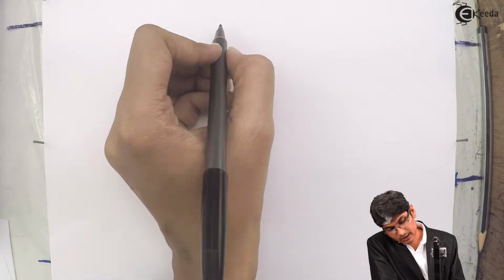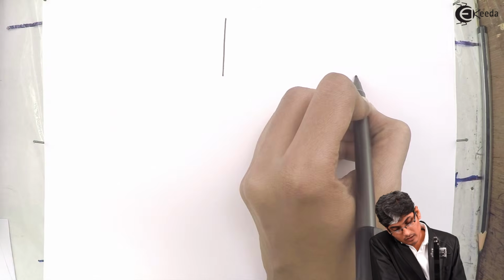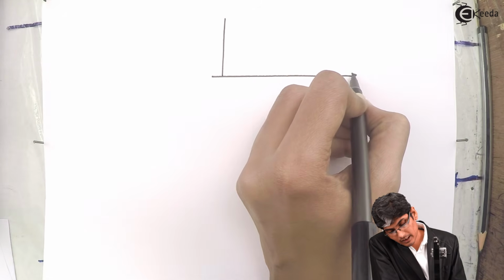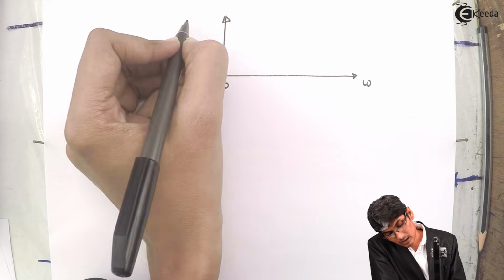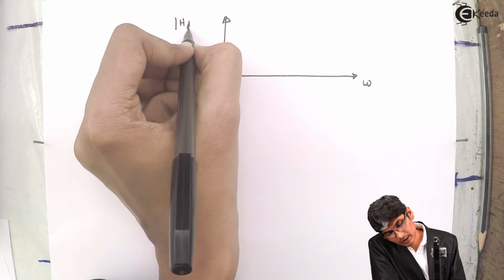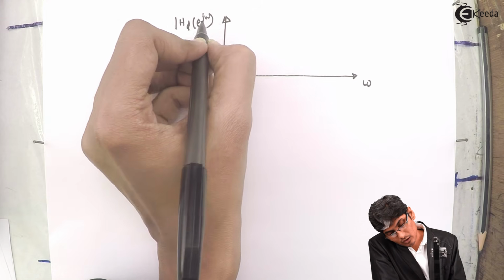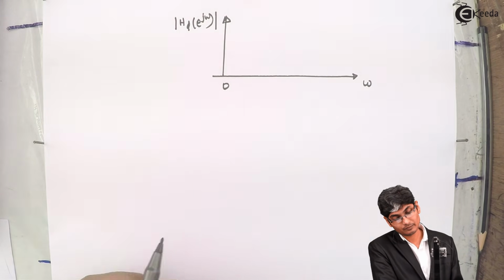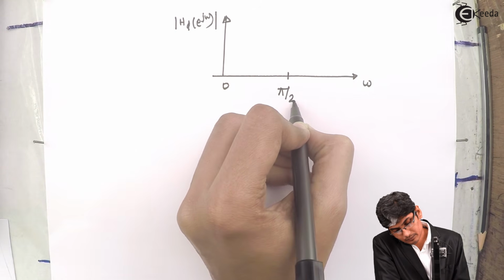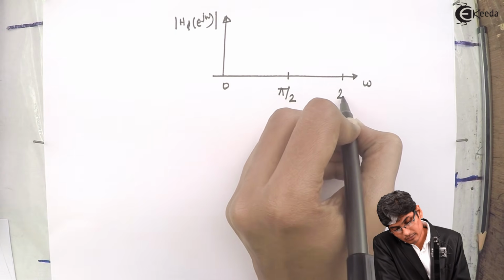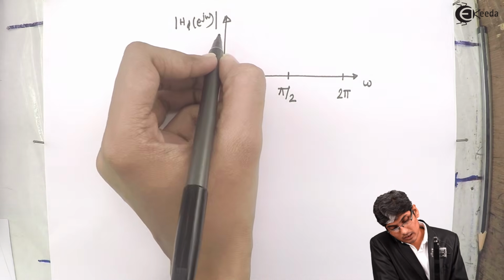So if I make this graph from 0 to 2 pi, it will look like this. Again I have omega over here, this is 0, and this is mod of Hd of e raised to j omega. Let's say this is my pi by 2, and this is my 2 pi and onwards.